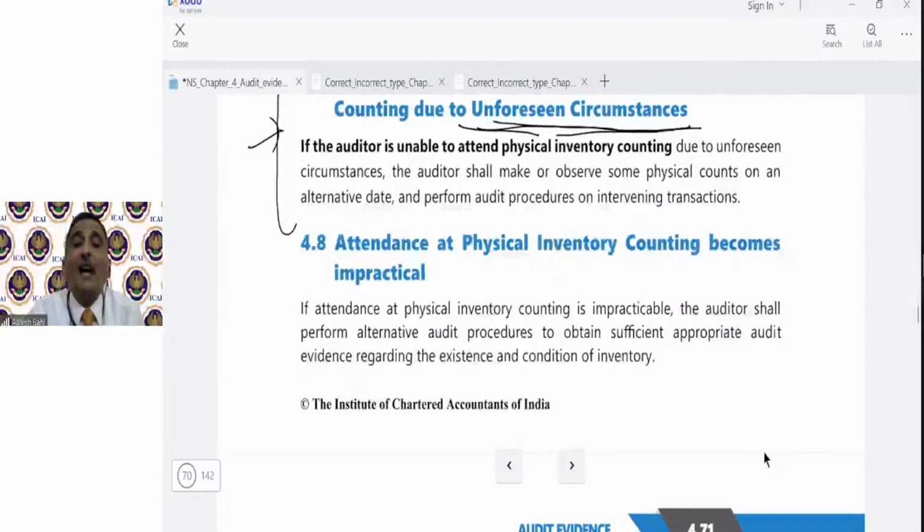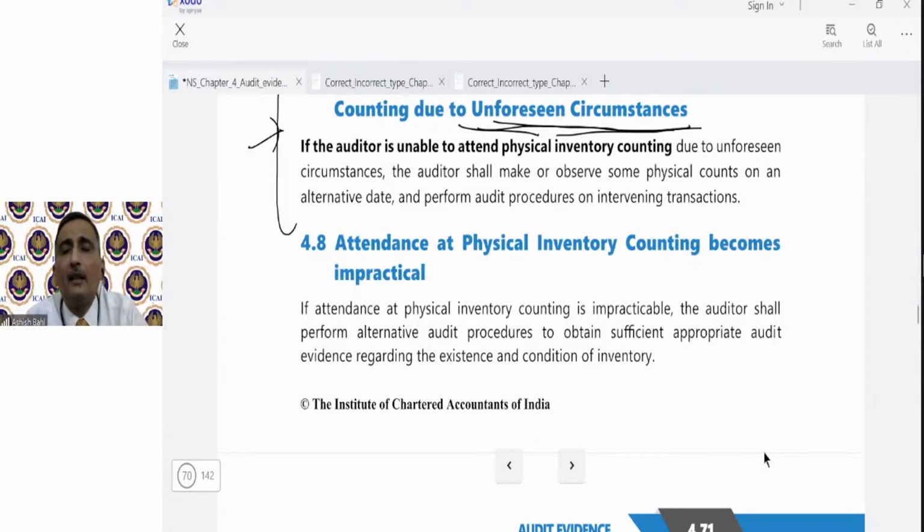And if attendance at the inventory count becomes impracticable, so when we are saying that, look, it is not possible at all to attend the physical inventory count, it has become impracticable, the roads are closed, and they are not going to open for 5 months, 6 months, and the audit has to be completed before that.